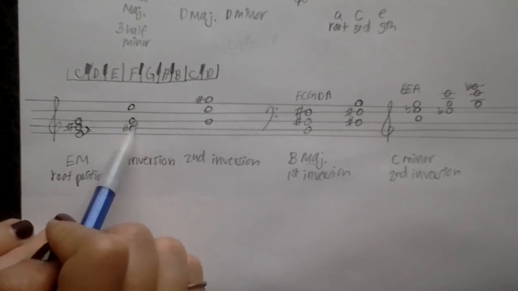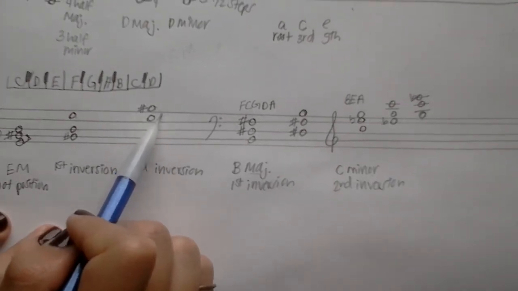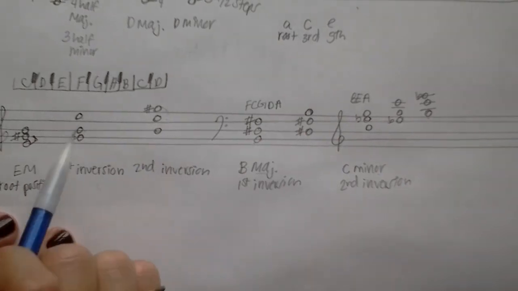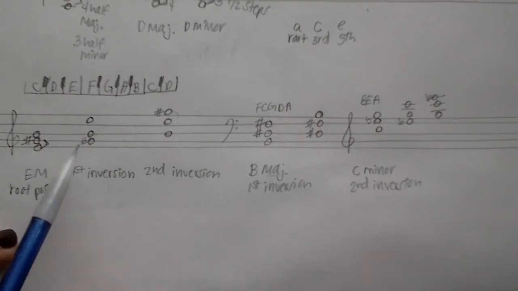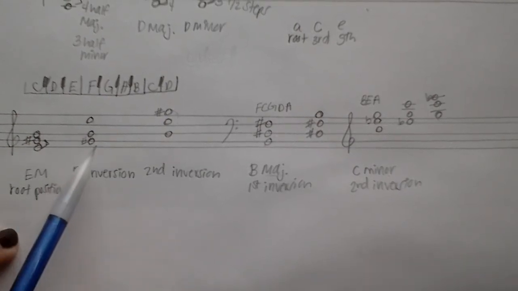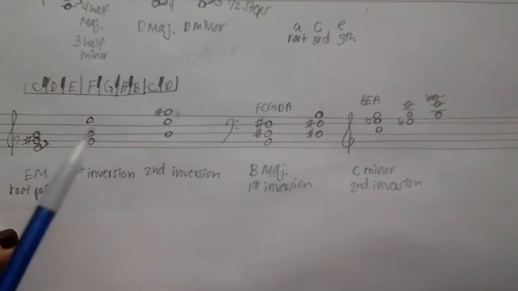So you see a third here. And for second inversion, the third is at the top. So that's an easy way if you're going through and I say, is this root position, first inversion, or second inversion? You just look to see where the thirds are. If the third is on the bottom, it's first inversion. If the third is on the top, it's second inversion.